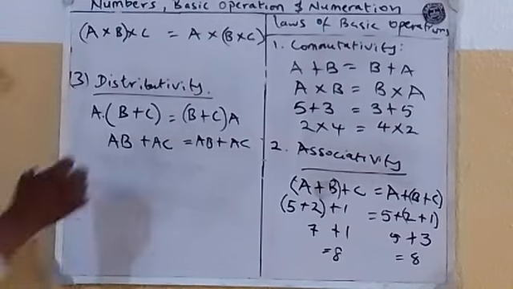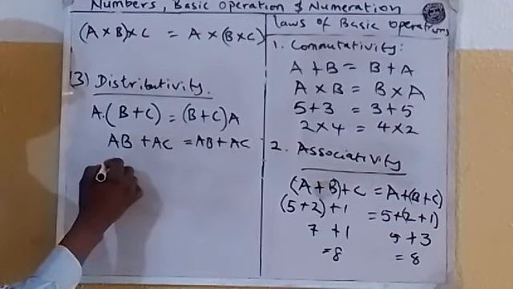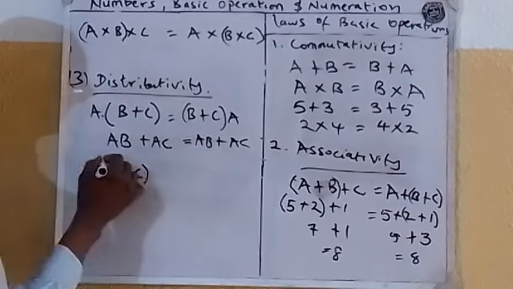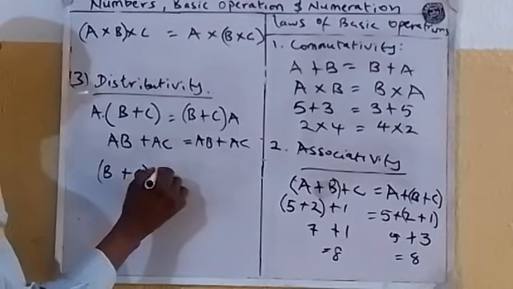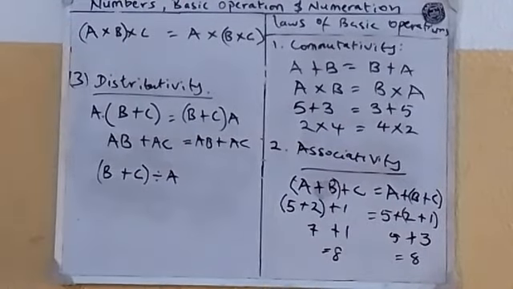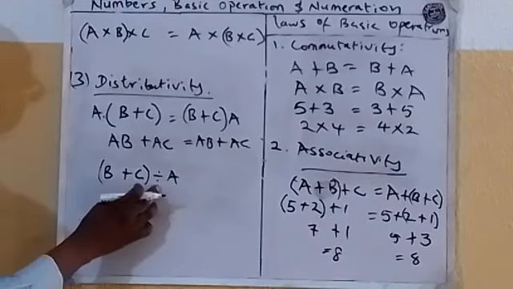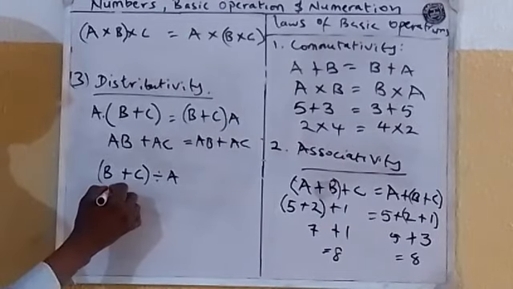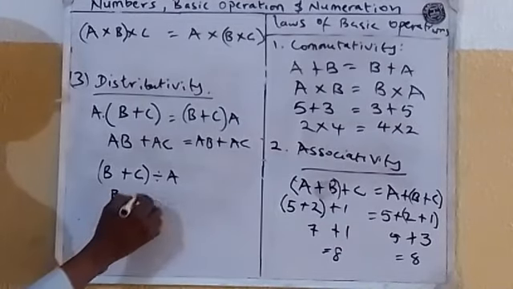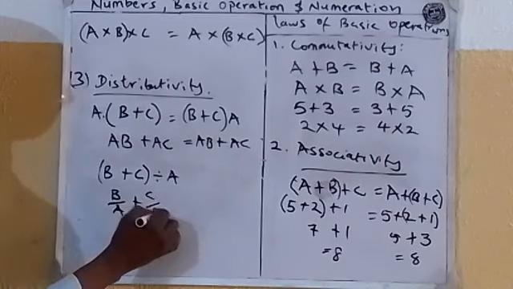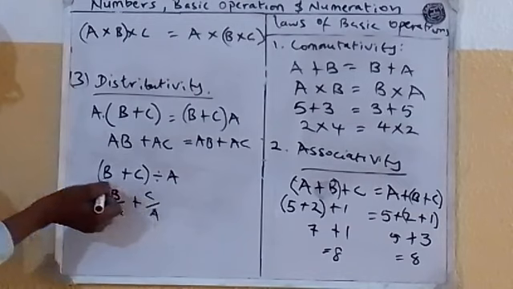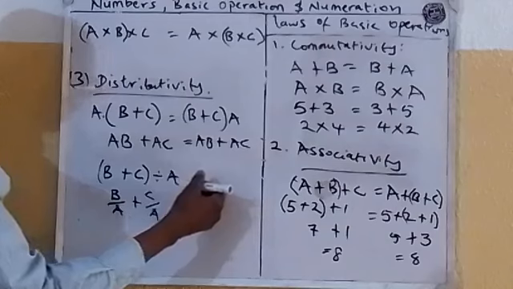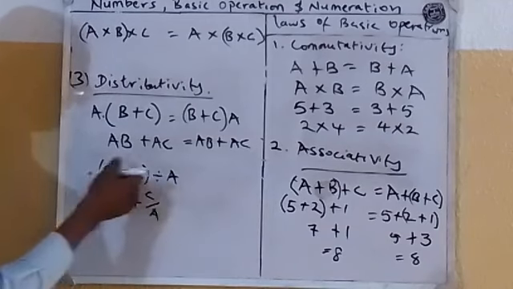If I have this B plus C divided by A, for distribution here shows that I can say B over A plus C over A. So this division has distributed into this bracket. So division is distributive from left to right only, but not from right to left.